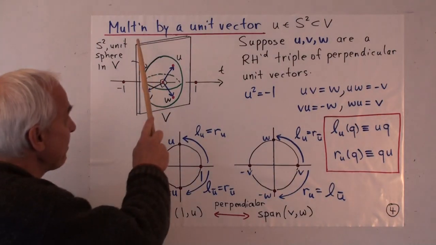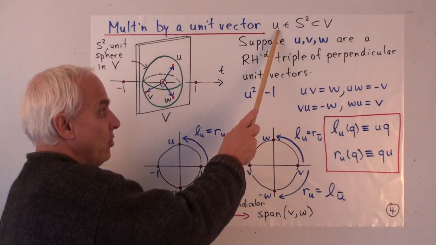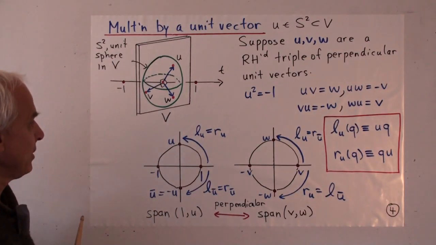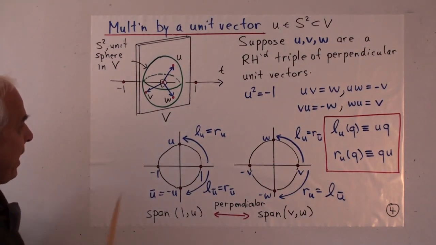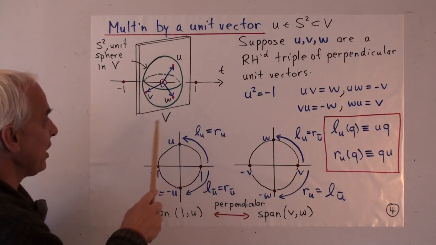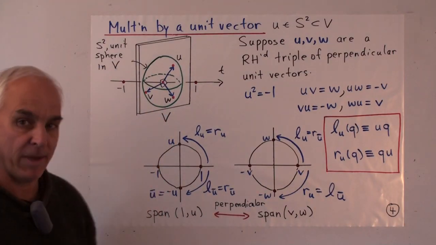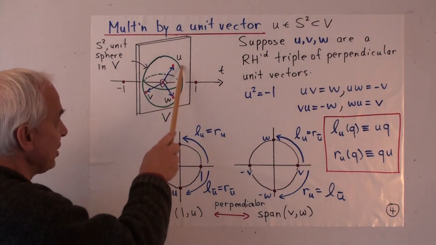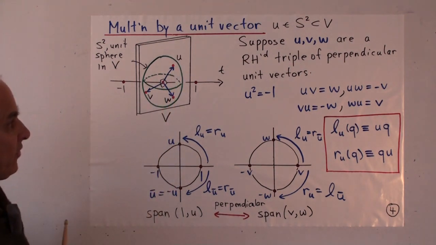So let's suppose we have a unit vector, u, in S2, just the kind that we've just been talking about. So here's our picture again, and here's our unit sphere inside this three-dimensional space V. And here's our unit vector u, which lies on this two-dimensional sphere.